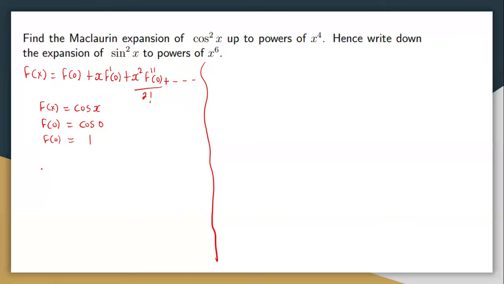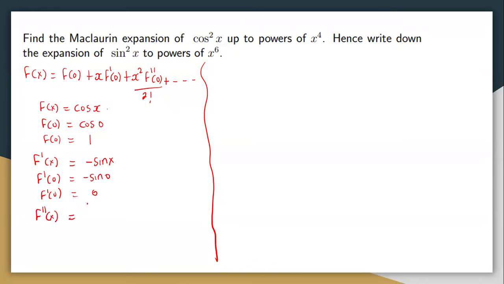I go to the next one, f prime. What is my f prime of x? I differentiate cos x, which gives me negative sine of x. But what is f prime of 0? It is negative sine of 0, and f prime of 0 will give us a 0.